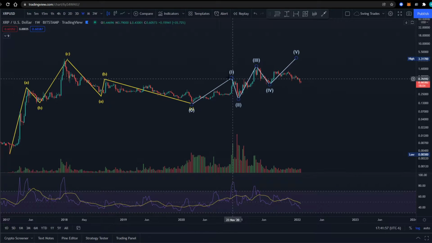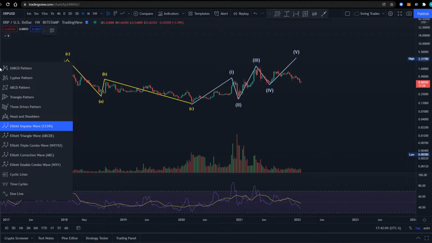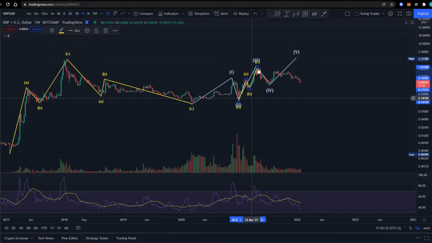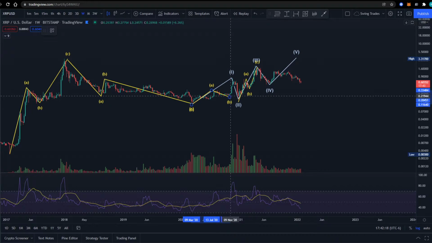But the funny thing is, in this sell-off, we do have an A, B, C, or 1, 2, 3 wave impulse wave inside of it. And just like the one before it, you've got A, B, C, something along those lines.